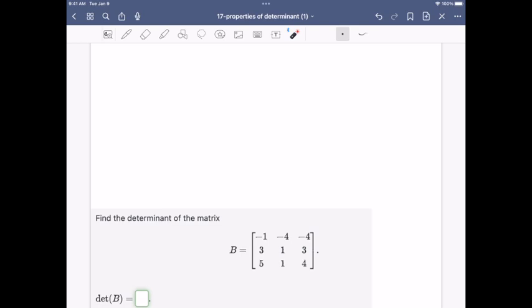I'm going to try to eliminate 3 and 5 from the first row. The matrix is negative 1, negative 4, negative 4, and 3, 1, 3, 5, 1, 4.